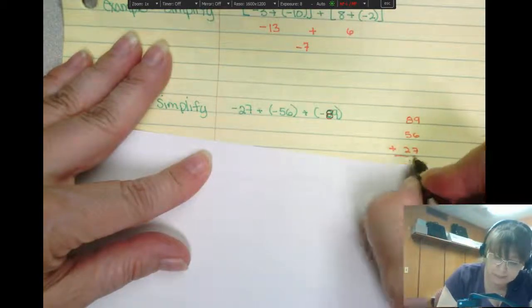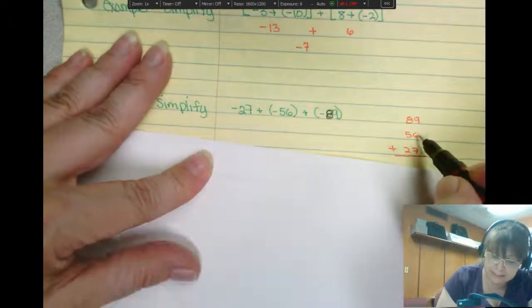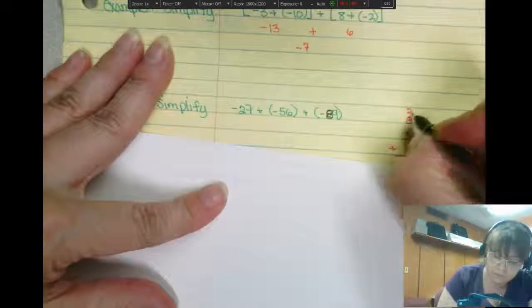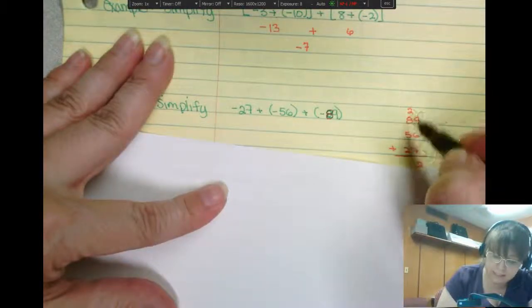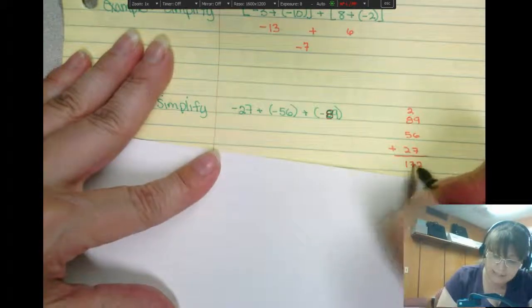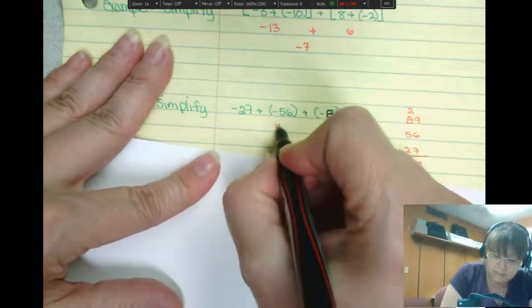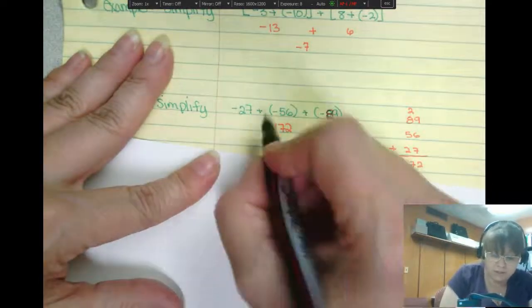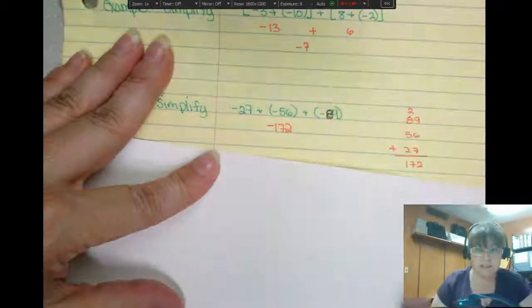I'm going to add them all together. 9 plus 6 is 15, plus 7 is 22. Carry the 2. 8 plus 2 is 10, plus 5 is 15, plus 2 is 17. So I have 172, but they were all negative, so we keep the sign of negative.